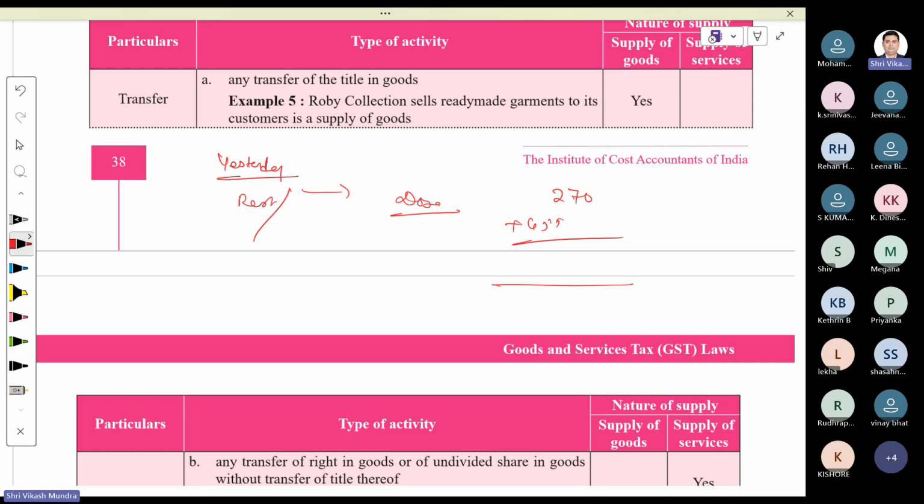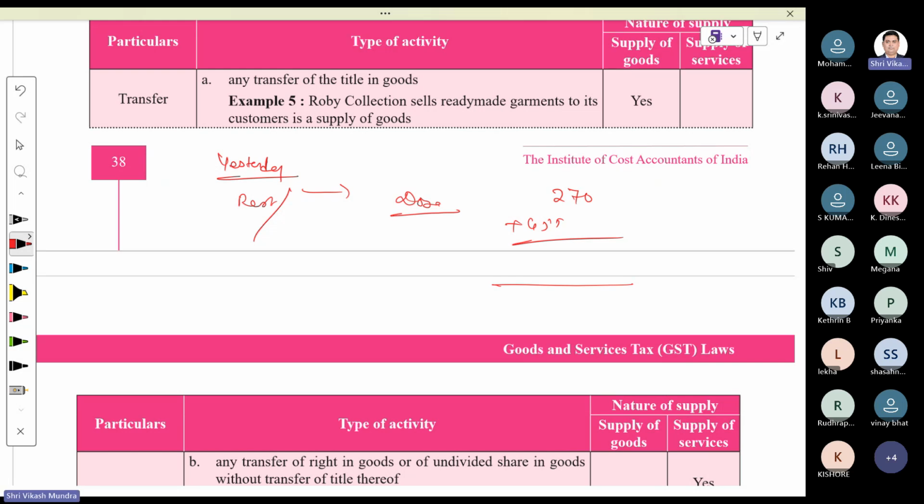On the other hand, the state government was saying that this is a sale of goods, hence you are liable to pay VAT, and both governments were levying tax on it. It created confusion. So in the GST era, they clarified whether a particular supply will be treated as a supply of services or as a supply of goods.